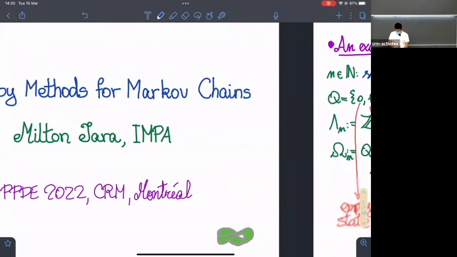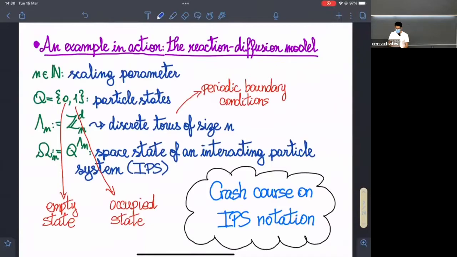So let me see, what do we have today? Okay, yes, the so-called reaction-diffusion model. So I'm going to define a particular instance of what is known as reaction-diffusion models in the literature, and it's a type of interacting particle system, and an interacting particle system is a very particular subclass of Markov chains.